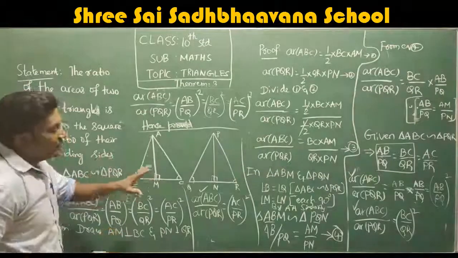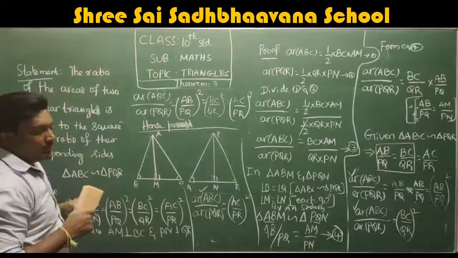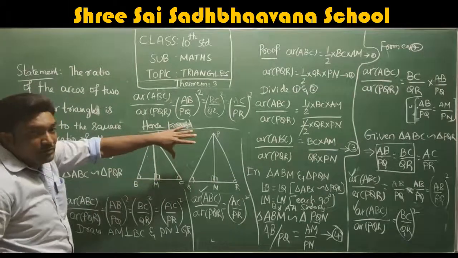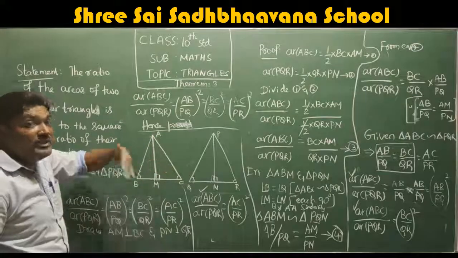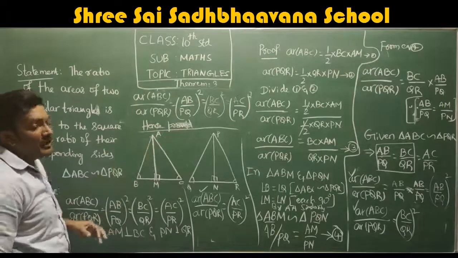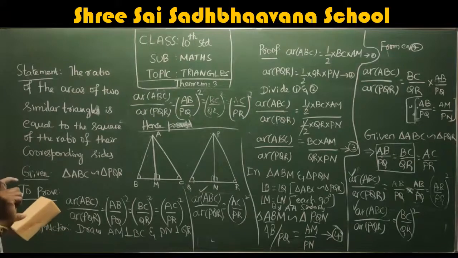Imagine that this construction is not there, we drew it later. The area of ABC divided by the area of PQR is equal to the square of the corresponding sides.